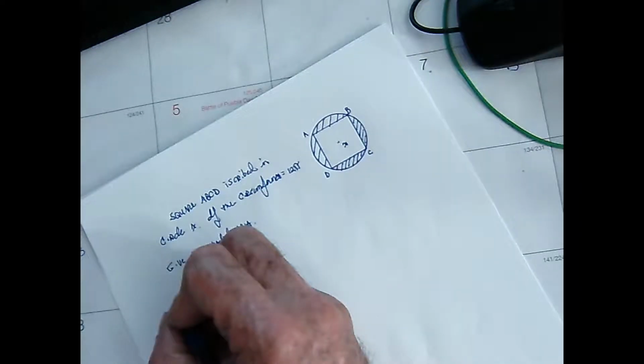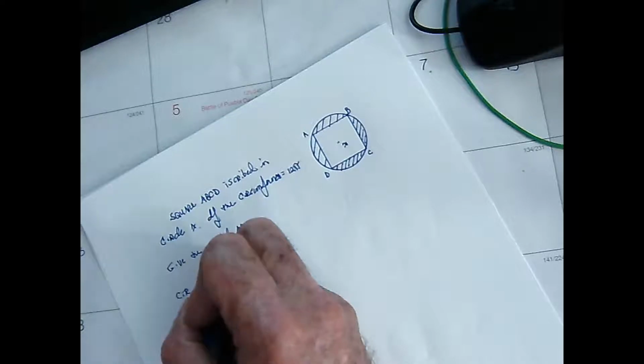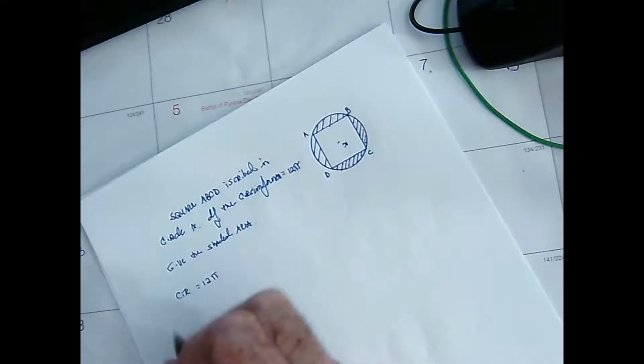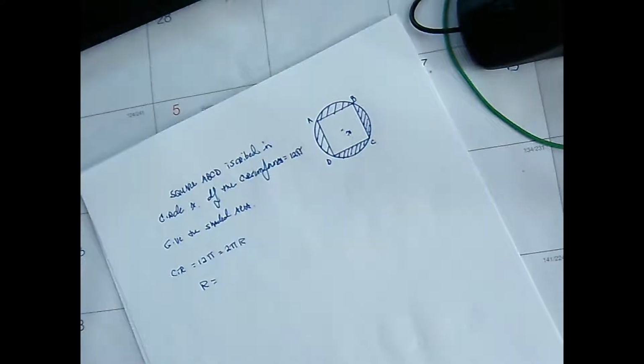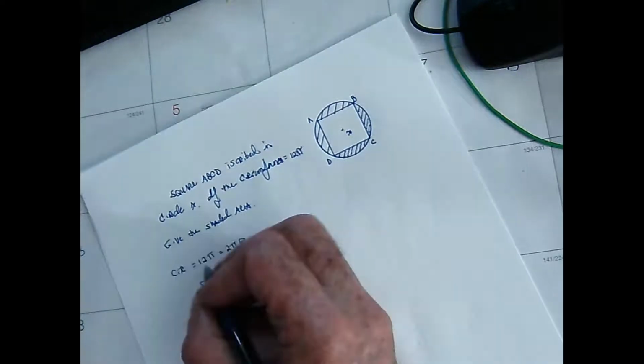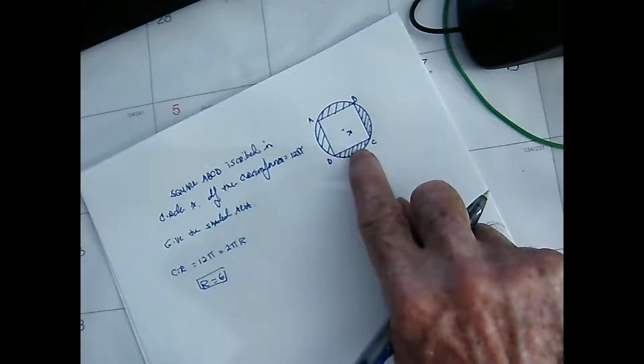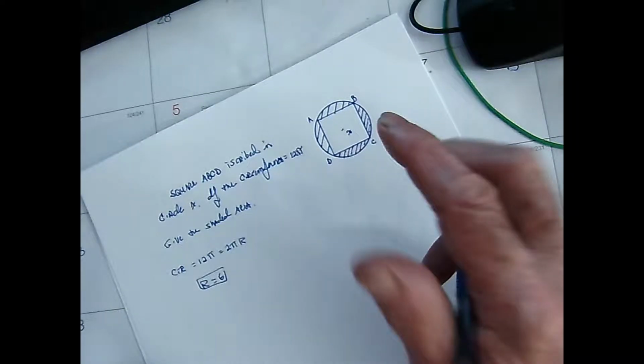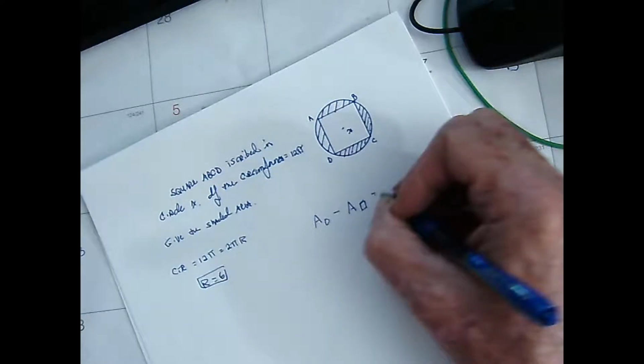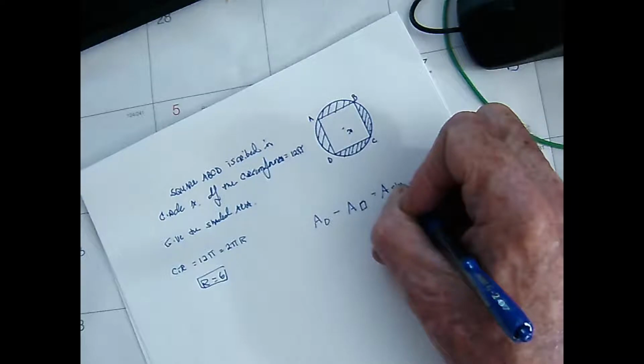And I hope you're thinking, well, if the circumference is 12 pi, and the circumference is also 2 pi r, we ought to be able to figure out the radius, huh? If 12 pi is 2 pi r, the radius has to be 6. If we would like to get the area of this shaded zone, think of it with me ahead of time. Mustn't it be the area of the circle minus the area of the square? That would equal the area that is shaded. And I don't think that's a dumb thing to write there ahead of time.